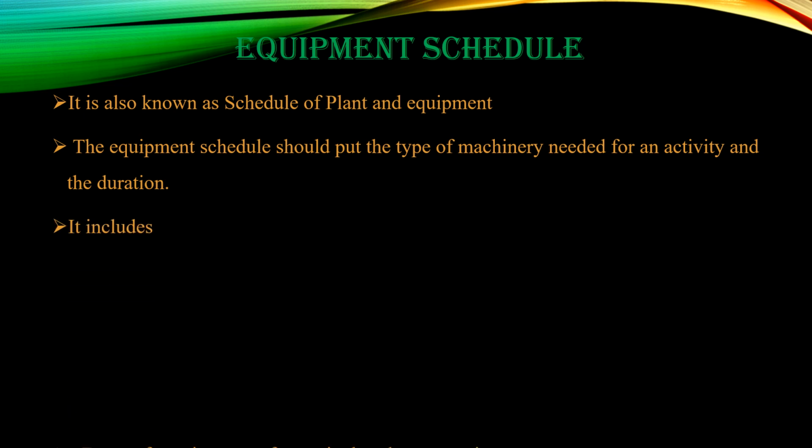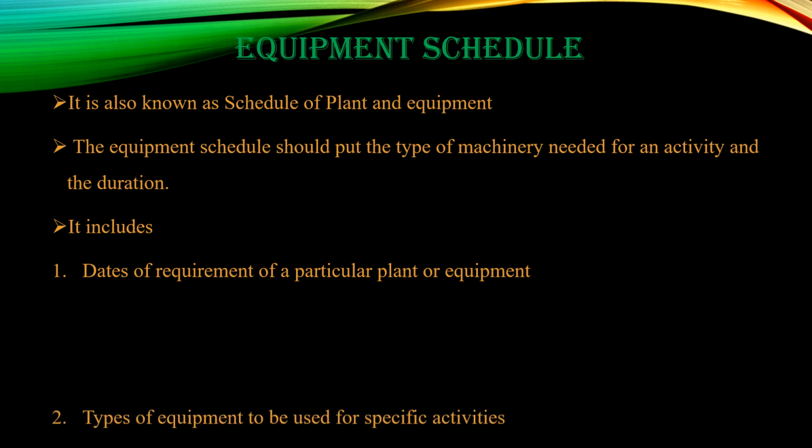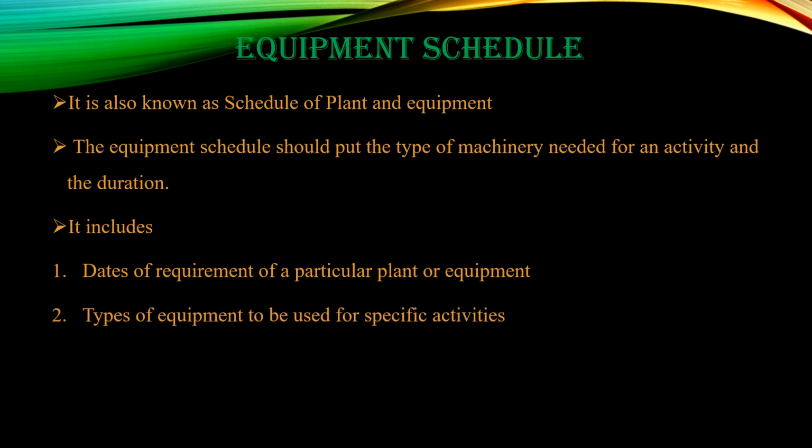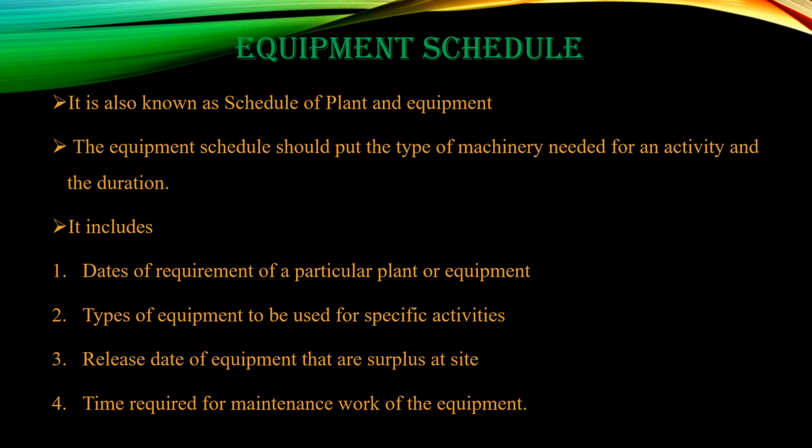It includes the dates of requirement of a particular plant or equipment, the types of equipment to be used for specific activities, release date of equipment that are surplus at site, the time required for maintenance work of the equipment. So, equipment schedule means the schedule which contains the details of the plant and equipment in a construction project.